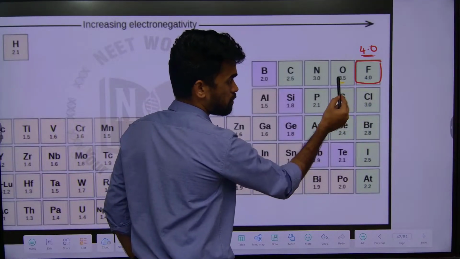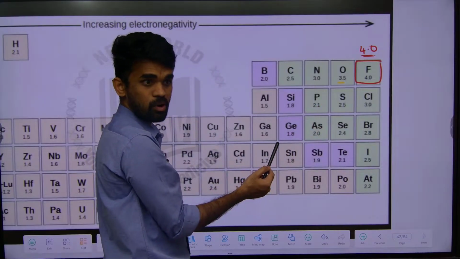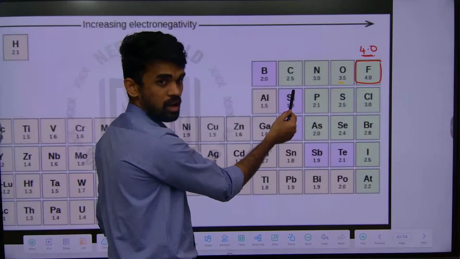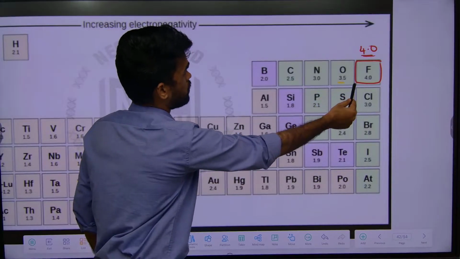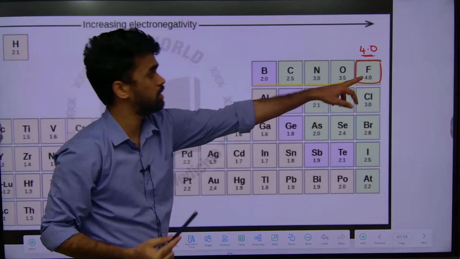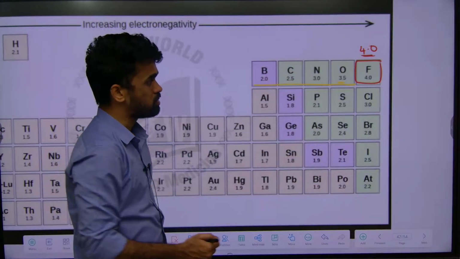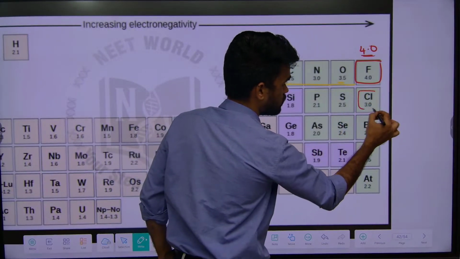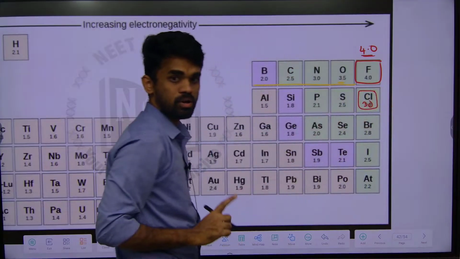Oxygen decreases by 0.5, 3.5, again decreases by 0.5, 3.0, again decrease. Like that you can remember the first row elements, I mean from boron to fluorine. Next, chlorine, if you observe, what is its value? 3.0. 4.0 becoming 3.0.